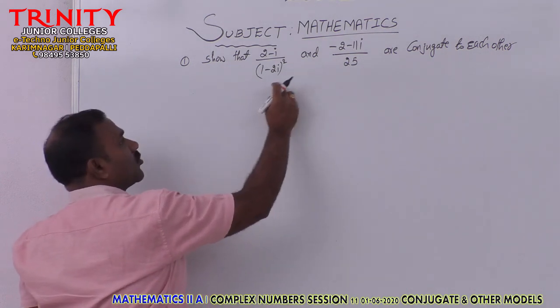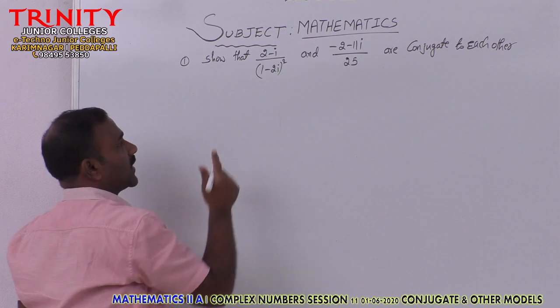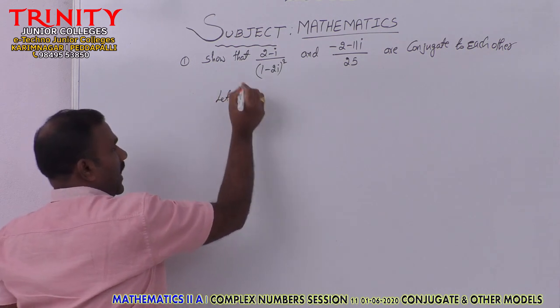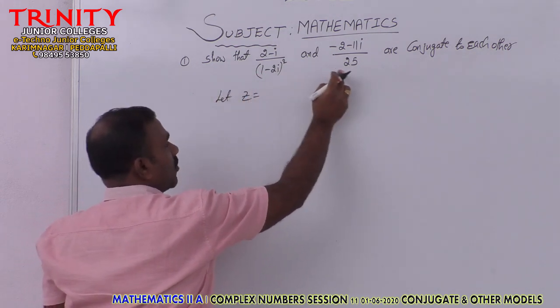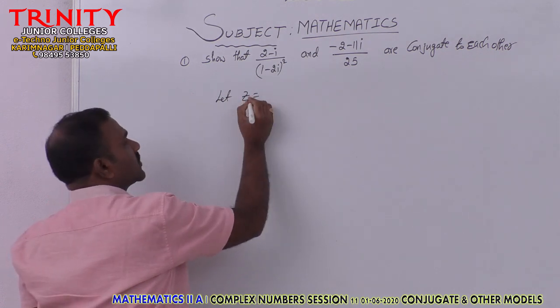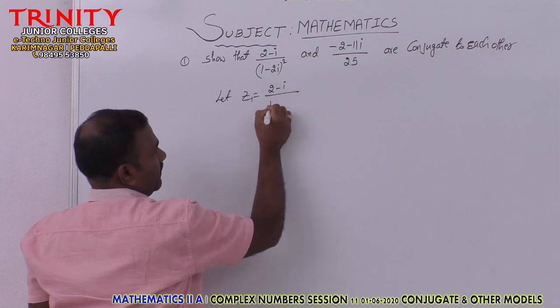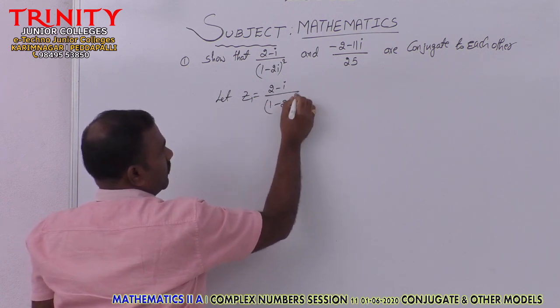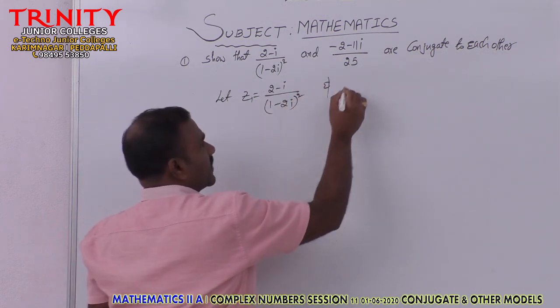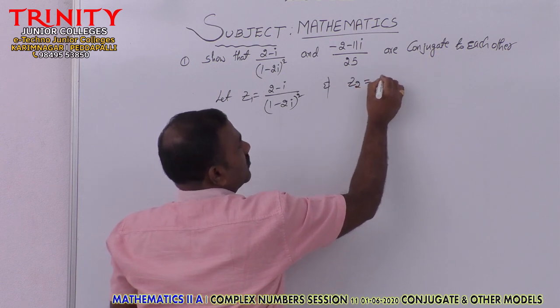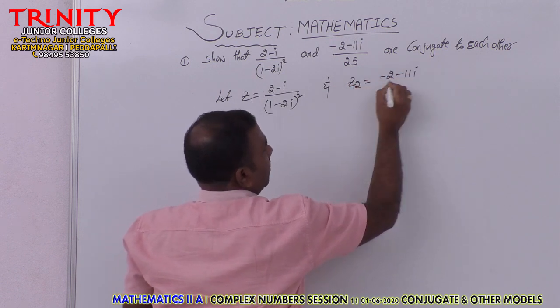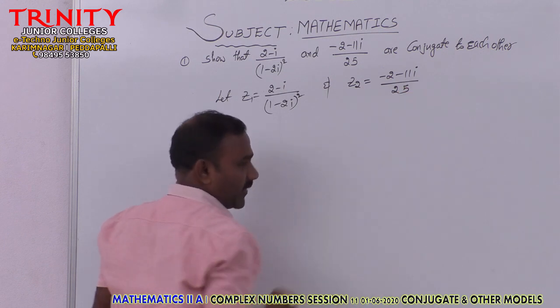That's why first we have to convert this one into complex form. I am assuming the given two complex numbers with notations: z1 as the first complex number, (2 minus i) by (1 minus 2i) whole square, and the second complex number z2 is equal to (minus 2 minus 11i) by 25.